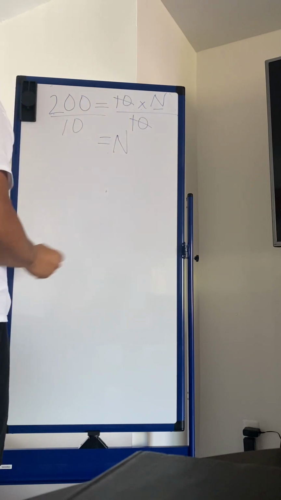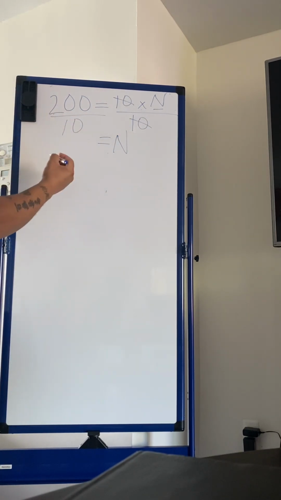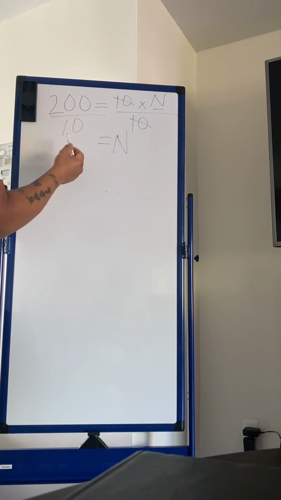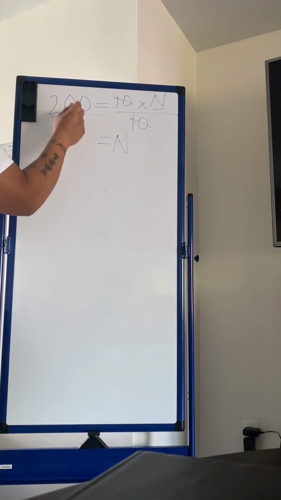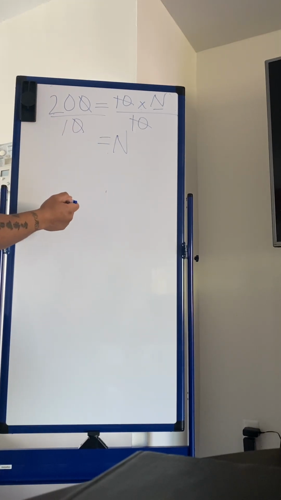10s are gone. Now, over here, what are we doing? Simple math. You do 200 divided by 10. But what's the easiest thing to do over here? Take out one of the zeros. All right, we're going to cancel out at least 1 zero at the top because we got 1 zero in the denominator.